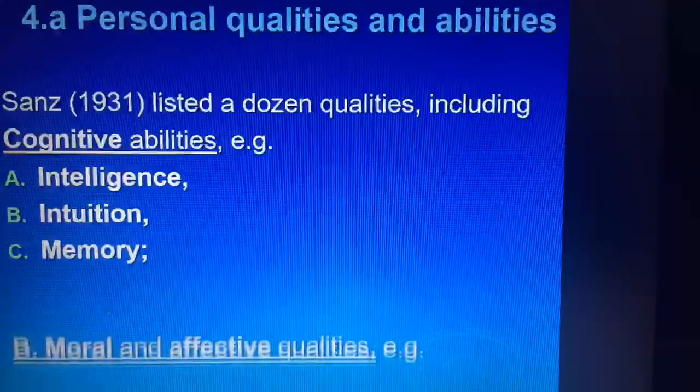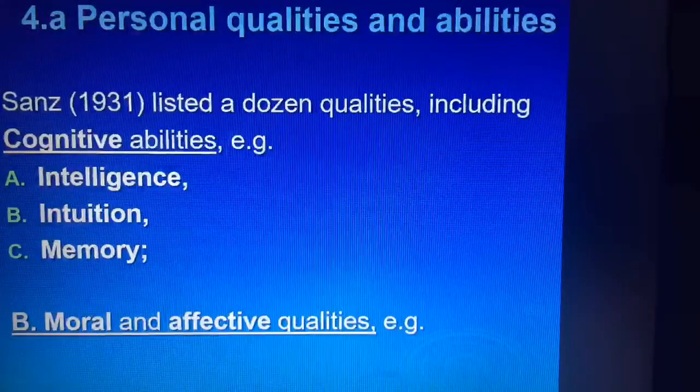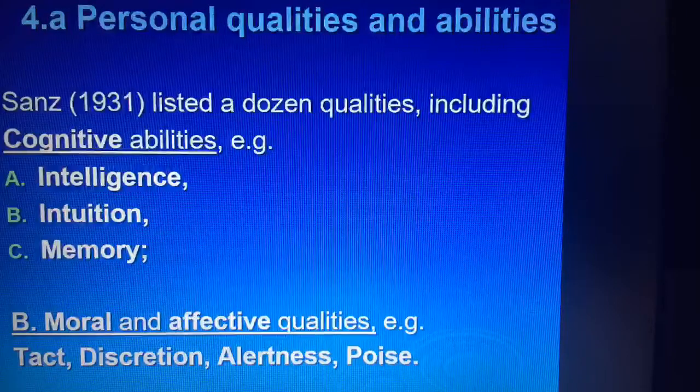And also, there are other capabilities which are moral and affective qualities, such as tact. You have to be tactful, discreet, alert. You have to be alert to the situation you are in, and you have to have poise, which means not being moved very easily, and you have to be very mature emotionally.